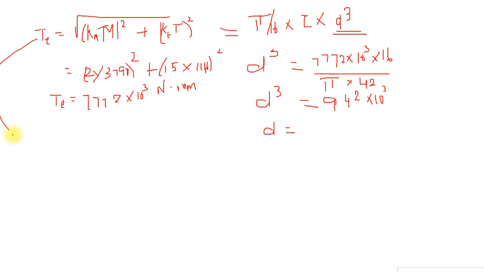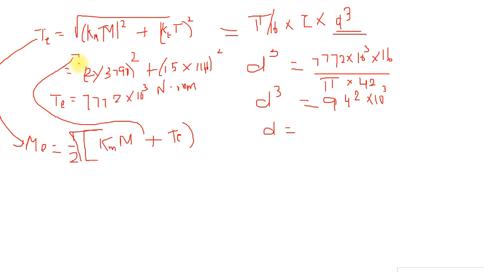But I want to go with the other method, the equivalent moment method, which is ME. The formula for ME is 1 by 2 into Km into M plus TE, since the same formula comes here.